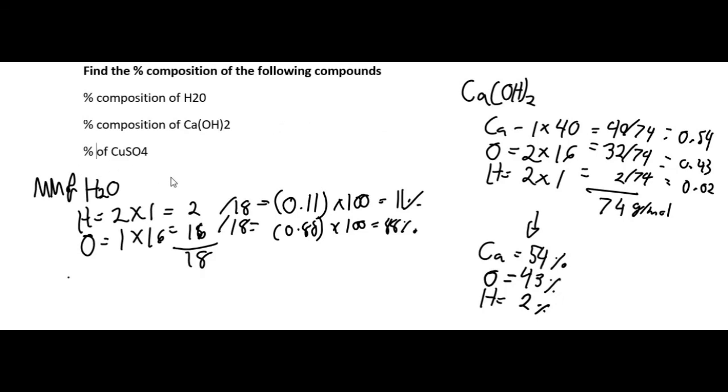Copper sulfate. All right. So copper sulfate. So what's the atomic mass of copper? The atomic mass of copper is 63.